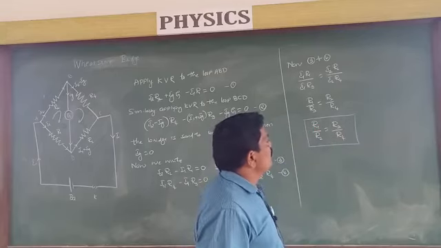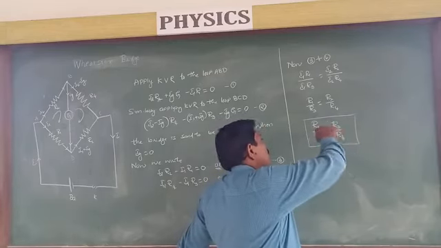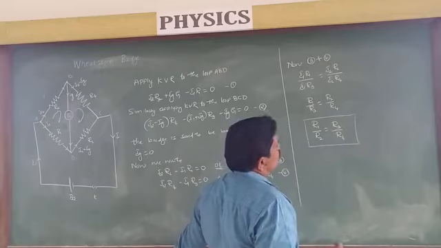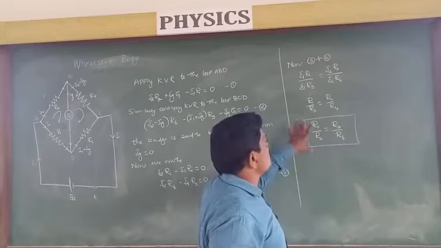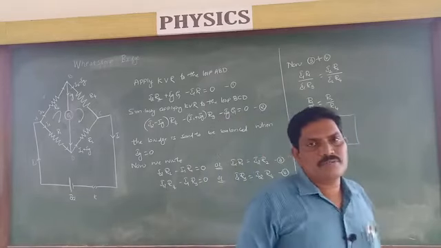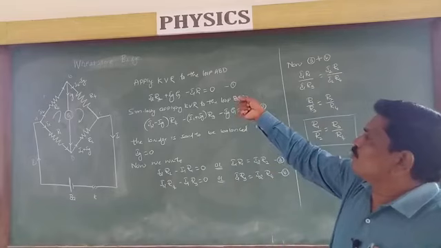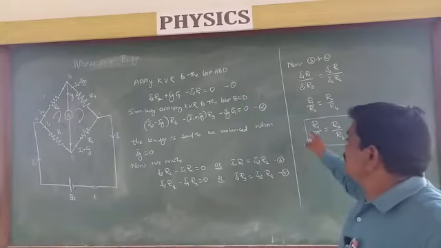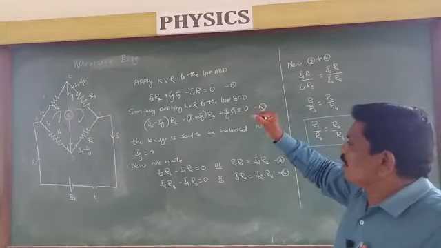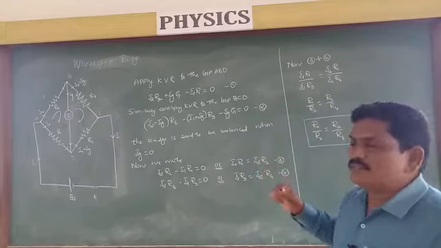So by knowing the values of R2, R3 and R4, and by calculating, definitely we get the value of the unknown resistance. Hence, in the next class, we have to discuss the use of this Wheatstone's bridge to measure the resistance of a wire or the resistance of an unknown resistor.